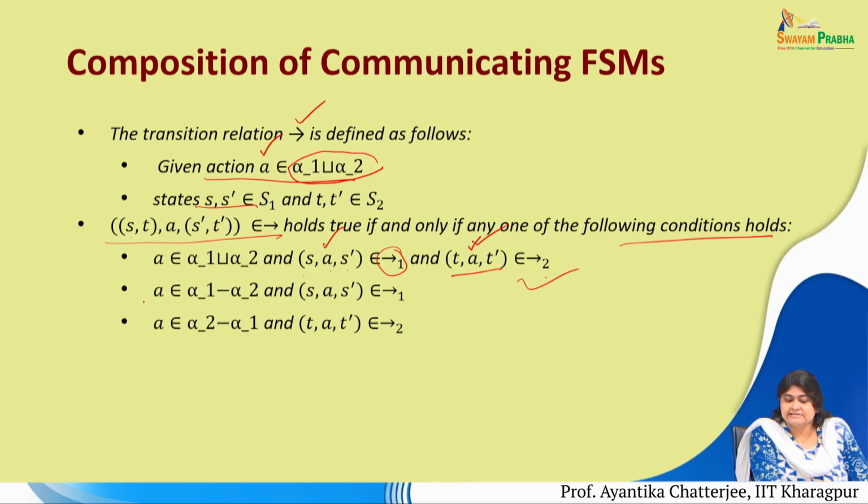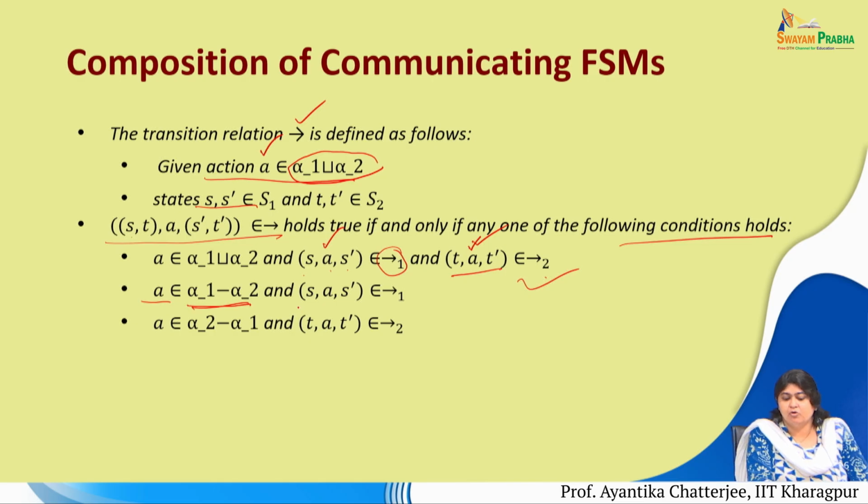Otherwise, there must be some action that comes from the difference set, alpha 1 minus alpha 2. From this relation we can understand this action is specific to M1. So, based on this action, only the transition will be taken in the M1 part and not in the M2 part.